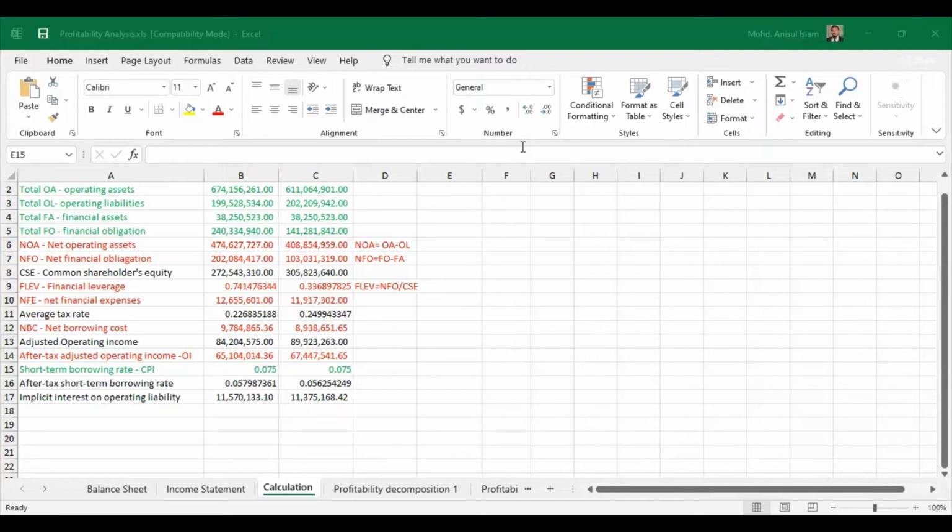We can assume, or we can proxy this cost, the cost for operating liabilities or cost for current liabilities, by looking at the trending inflation rate. You know that inflation is measured by consumer price index. So we can take the inflation rate as a proxy to reflect the implicit interest rate.